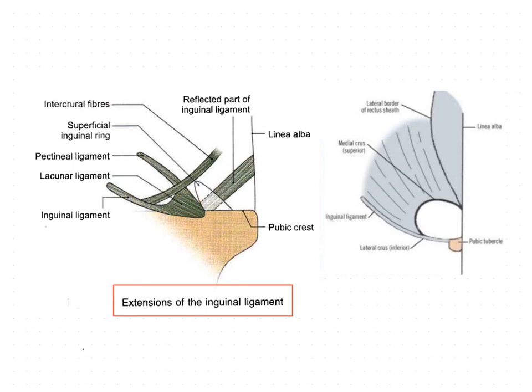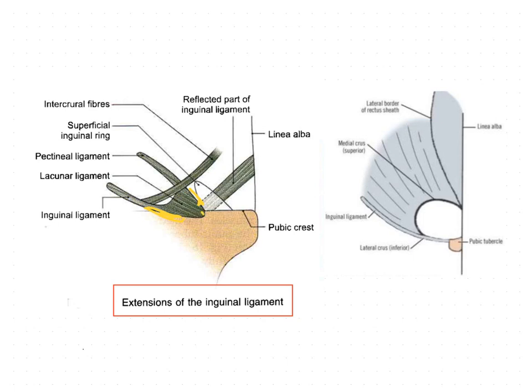Anteriorly, it is attached to the medial end of the inguinal ligament. Posteriorly, it is attached to the pecten pubis and it is horizontal in position, and this supports the spermatic cord.